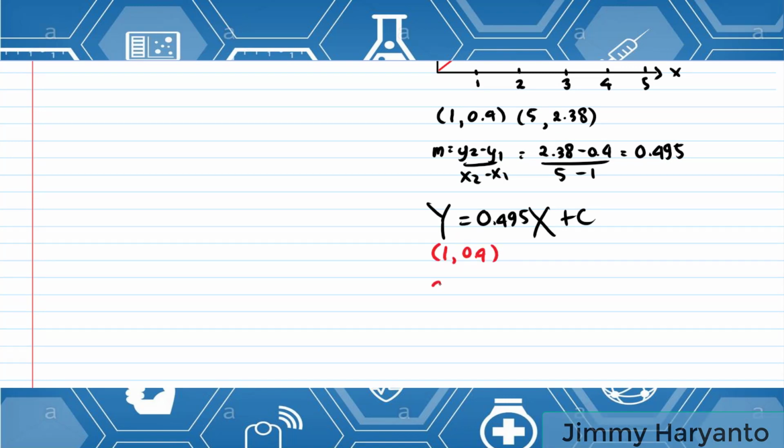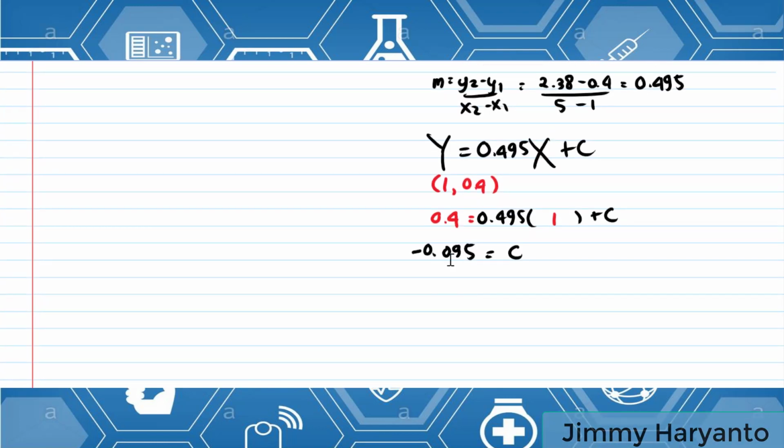We put the 0.4 into the y, and for the x, I will put 1: 0.4 equals 0.495 times 1, plus c. We will get c equals negative 0.095. So the c is not exactly 0, but it's very close to 0.